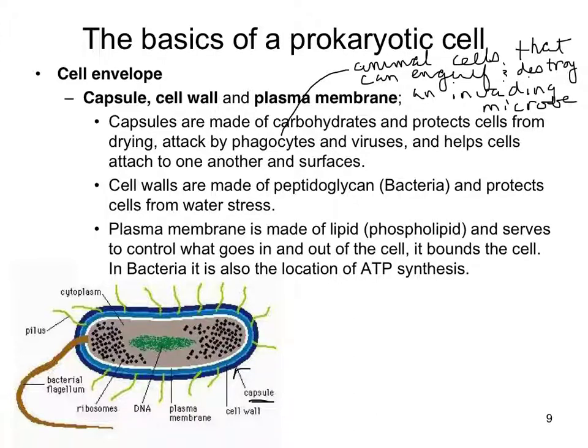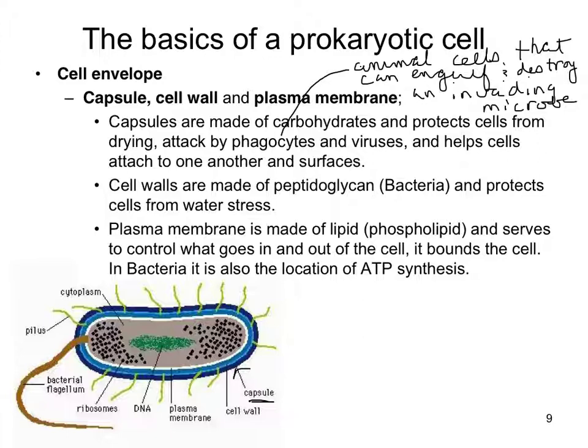Okay, so if you've got a capsule, you might be able to protect yourself from that fate, and also from viruses. Viruses act as cellular parasites, and although there are many viruses that attack humans, there are also viruses that attack plants, and there are viruses that attack bacteria. A capsule can help to protect a bacterium against such attack.